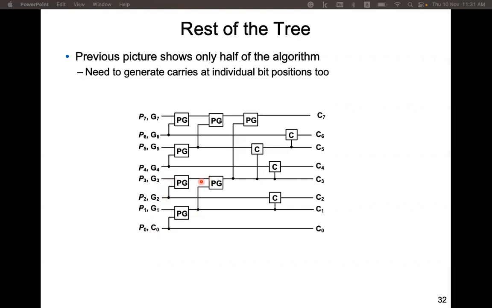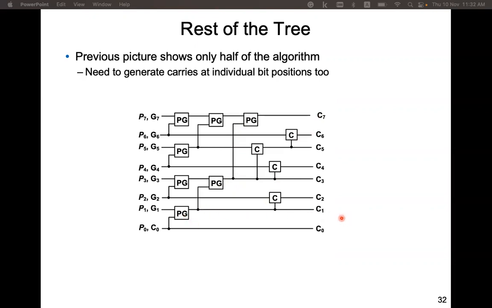Then these two-bit groups are combined into 4-bit groups. And further, this 4-bit group with another 4-bit group is combined into one big group. So C0 passes like this: C0 passes this PG block, a logic block, then this logic block, then this logic block to here. C7 is available that way.